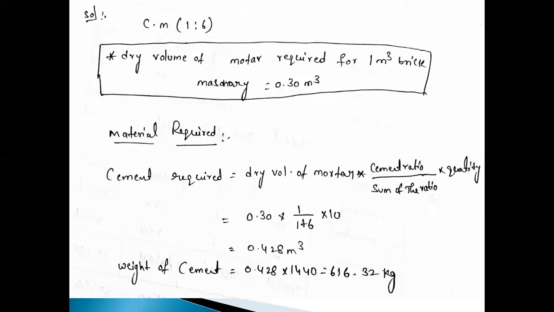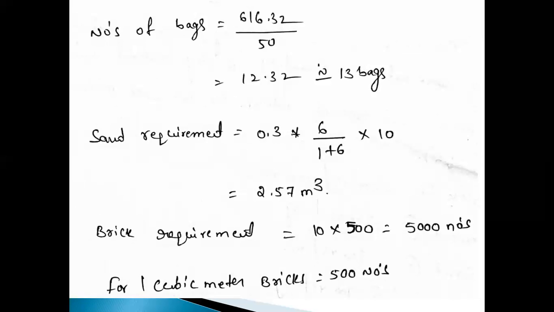And this is converted into kgs. Weight of the cement equal to 0.428 into unit weight of the cement, which is 1440. 0.428 multiplied with 1440 equal to 616.32 kgs, and converts into bags.